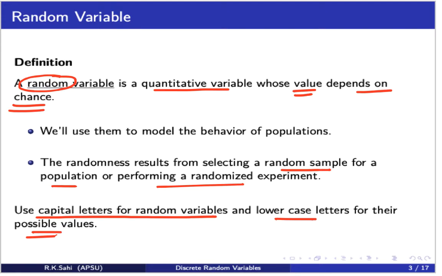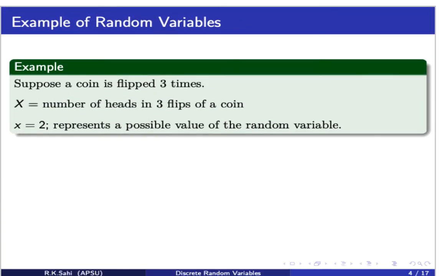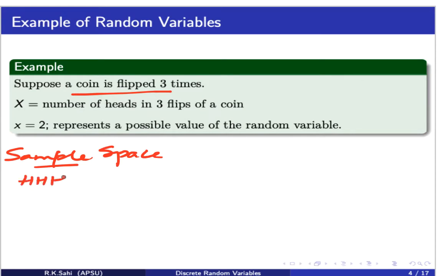So we all know flipping of a coin. Let's start with things we have learned in probability. Suppose a coin is flipped 3 times. When a coin is flipped 3 times, in probability, what did we talk about? We said, what is the sample space of flipping of a coin? The sample space is, you will have 3 heads, like, in 3 flips, all the time the heads popped up.